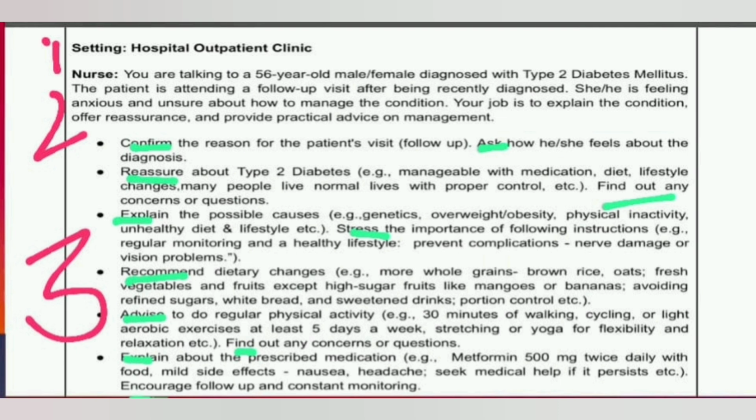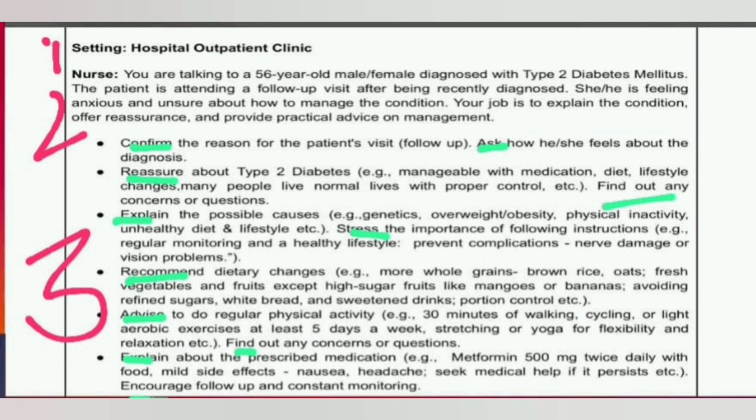Okay. So like this we have to reassure the patient, and after that we can also ask the patient whether it is clear or not. Like this, I hope it is clear to you. Okay. Then next, along with this we can also say that many people live normal lives with proper control based on diet and lifestyle changes.